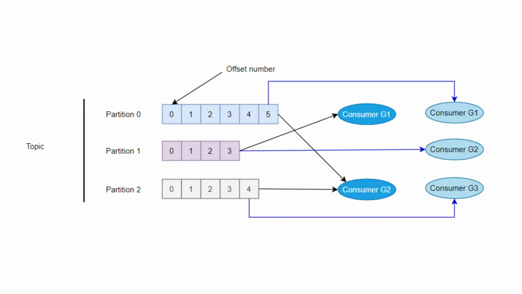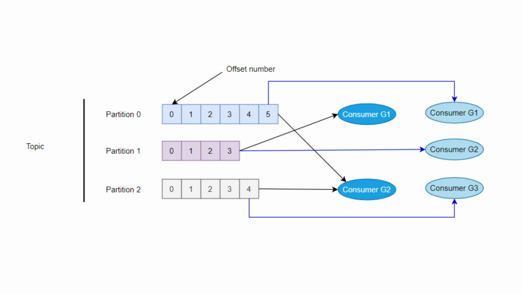In another example, let's say for the same topic and same number of partitions, we have two different consumer groups. One consumer group has three consumers and the other consumer group has only two consumers. In that case, the consumer group with three consumers will be connected to all three partitions, one consumer per partition.